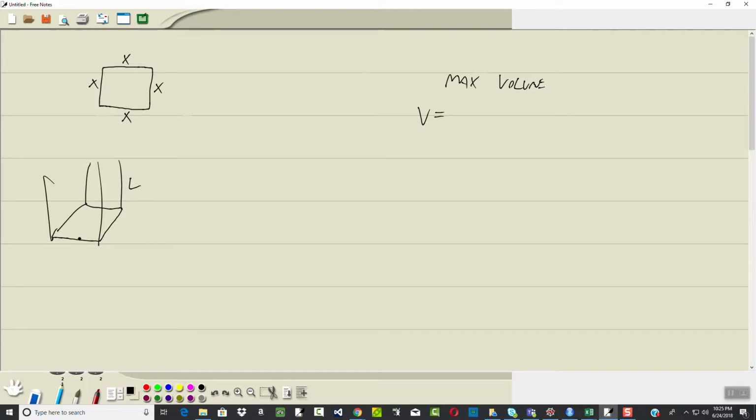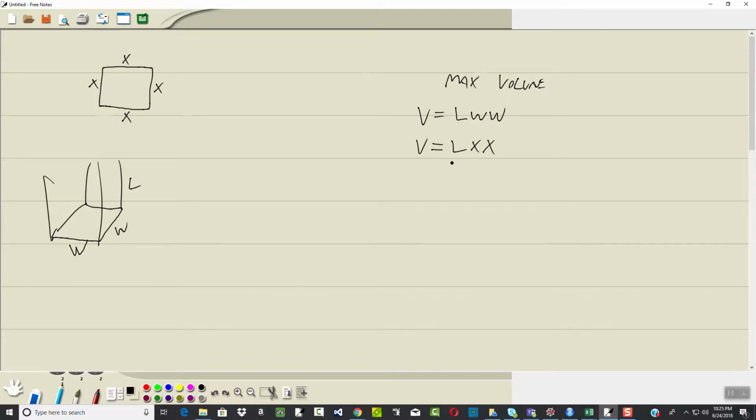And so this would be our width, like that. Now the volume of a rectangular solid like that is length times width times width. Well, the width we said was x, so it's length times x times x.